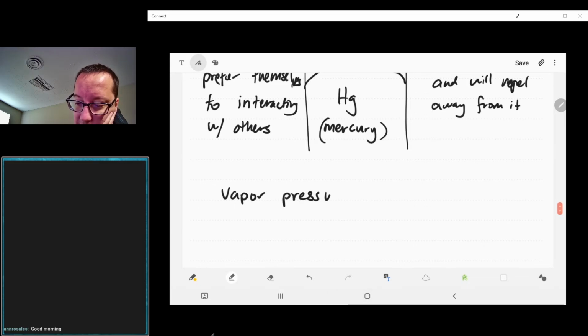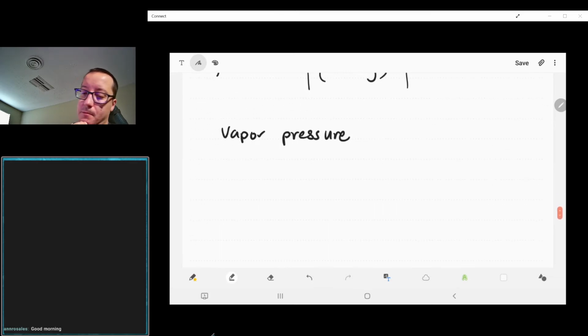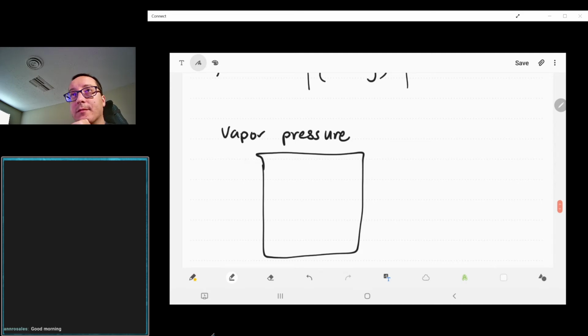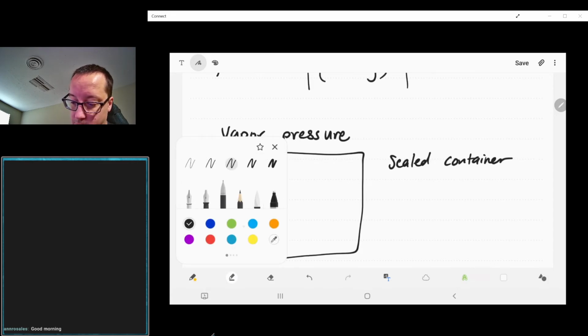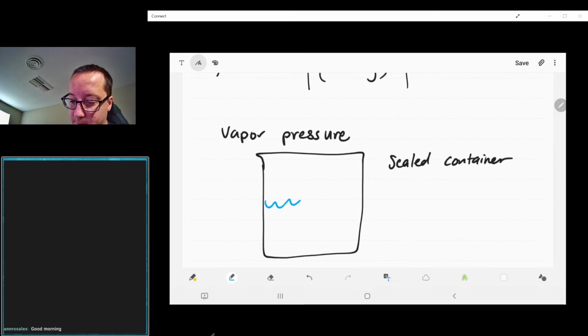Our last one here, vapor pressure. So, if we have a sealed container, and we put some water in it, we know, of course, we have liquid water down here, lots of it.